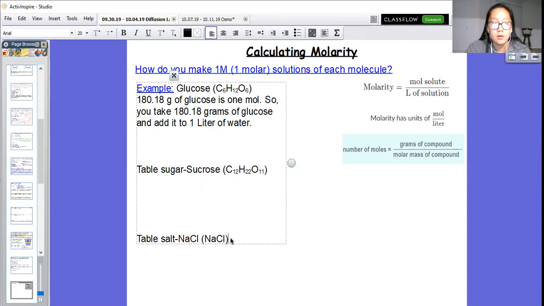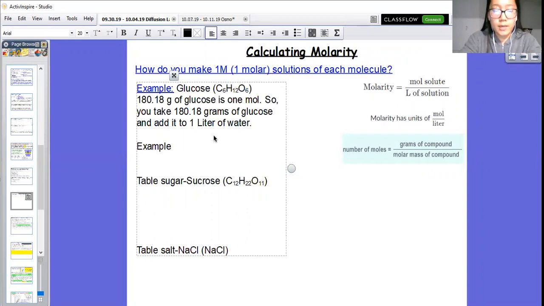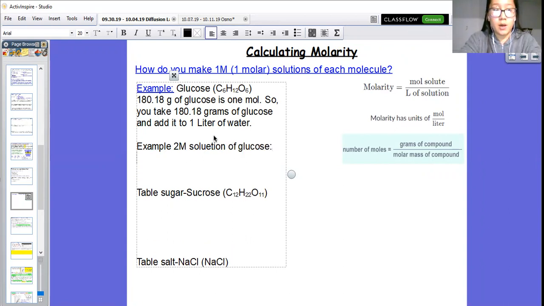Okay. This is kind of a simple calculation though, because it's only asking for 1 molar. So there is a more complicated version of this. Let me do an example. If you want a 2 molar solution of glucose, it's a little bit different because now you want double the concentration. So remember, 180.18 grams of glucose is 1 mole, but you want 2 molar.